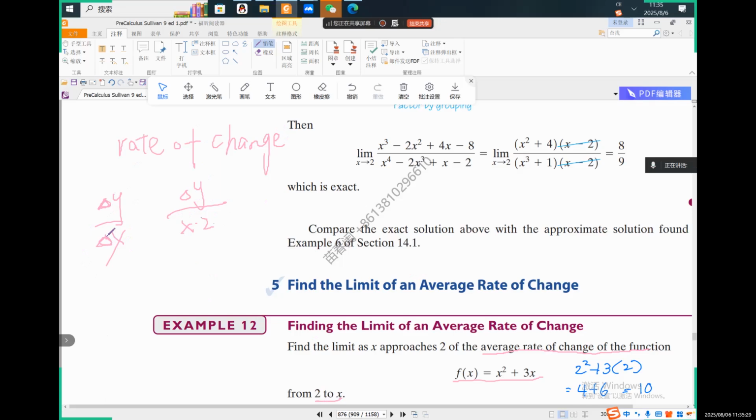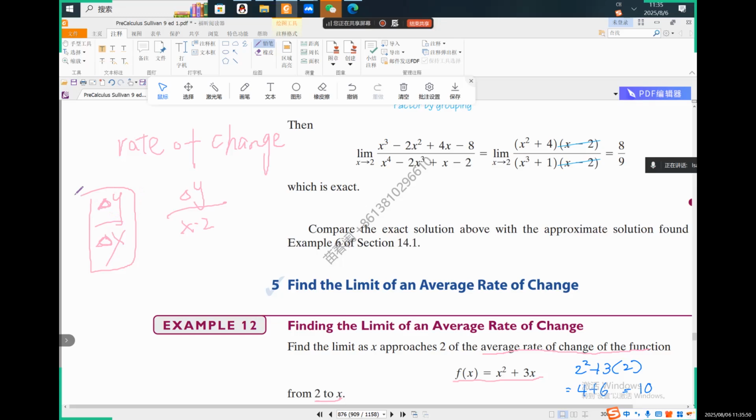Is it making sense? Yes, this is the rate of change. The change in x is x minus 2 because it's from 2 to x.